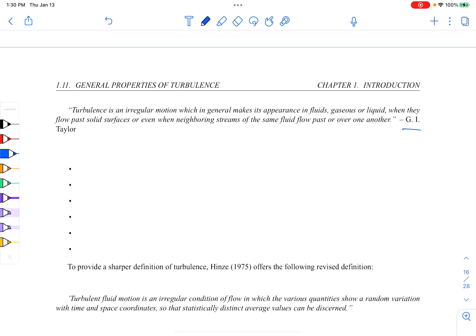So G.I. Taylor wrote that turbulence is an irregular motion, which in general makes an appearance in fluids, gases, or liquids, when they flow past solid surfaces, or even when neighboring streams of the same fluid flow past or over one another. And I think this definition has been argued about a lot, especially because it uses the words irregular motion.